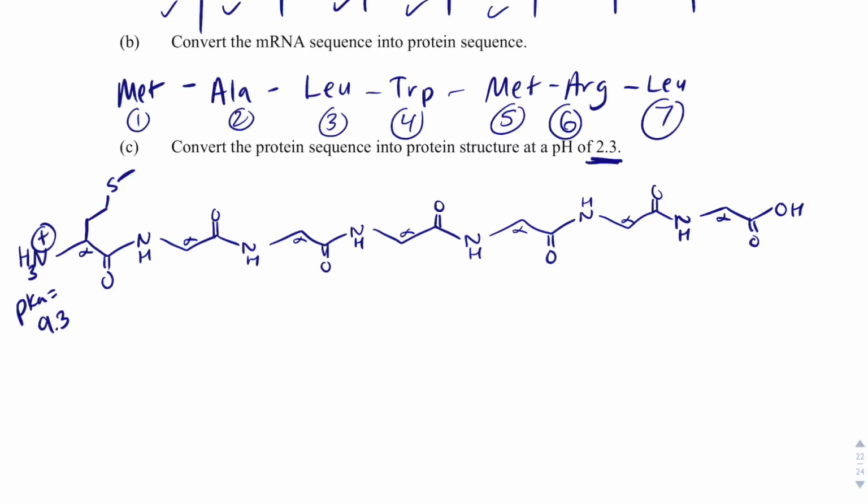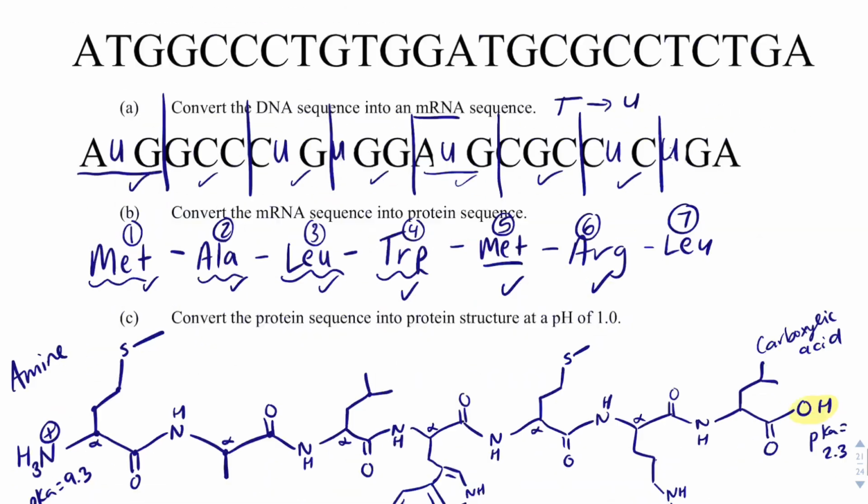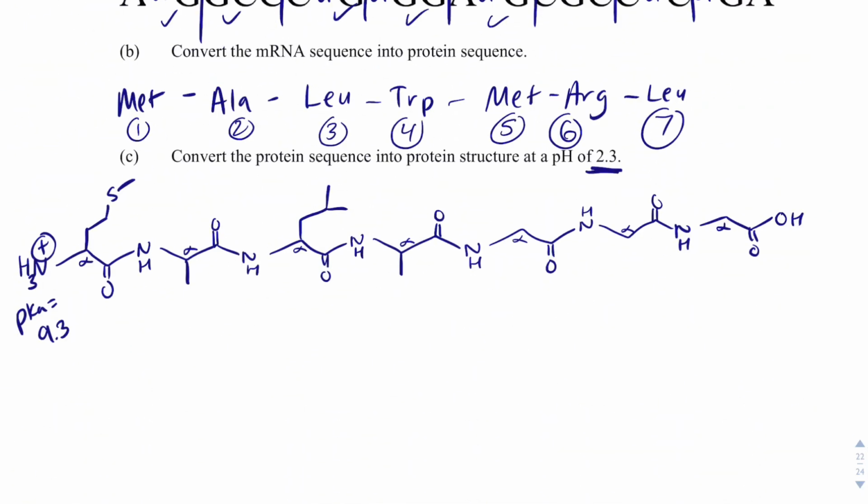Alanine is just a methyl group, no side chain pKa. Leucine, carbon-carbon, then they branch, no side chain pKa. Tryptophan looks very similar to the one we just had above, and it is. I should have noticed that sooner.